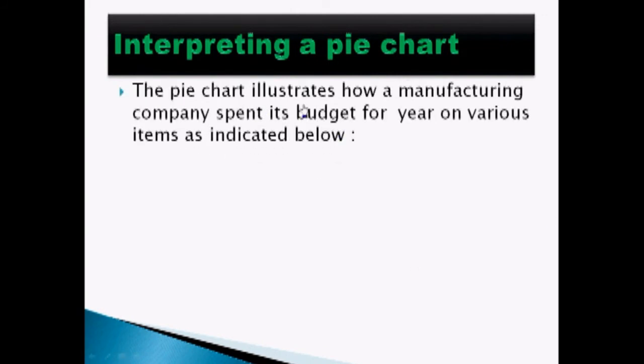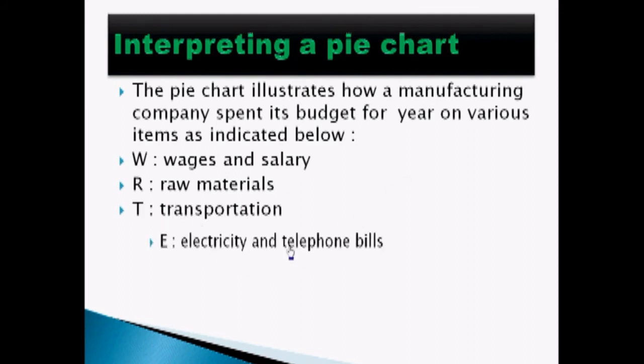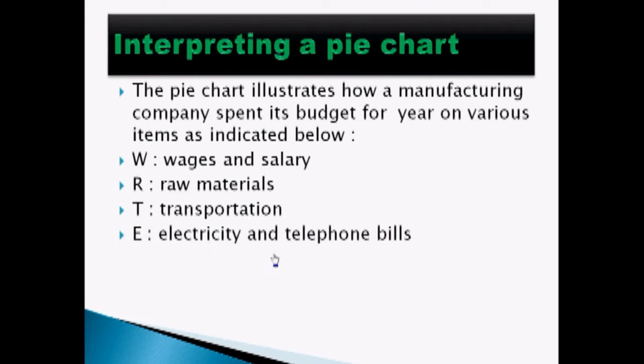Now the pie chart illustrates how a manufacturing company spends its budget for a year on various items as indicated below. W, which stands for wages and salary, R, raw materials, T, transportation, E, electricity and telephone bills, and M, miscellaneous.